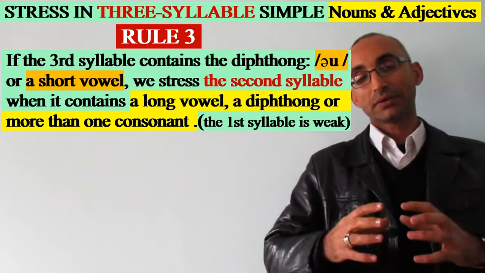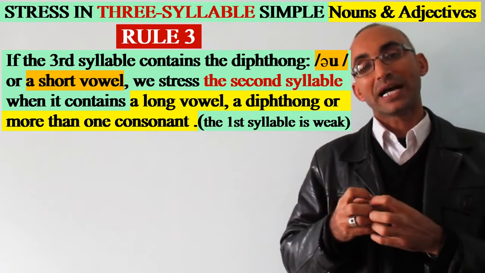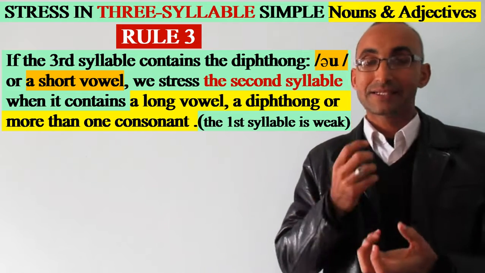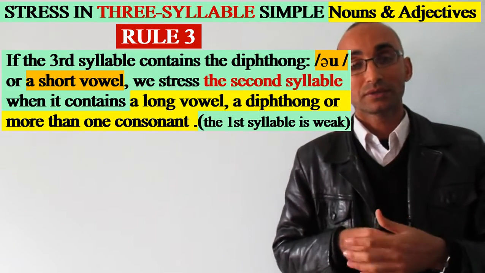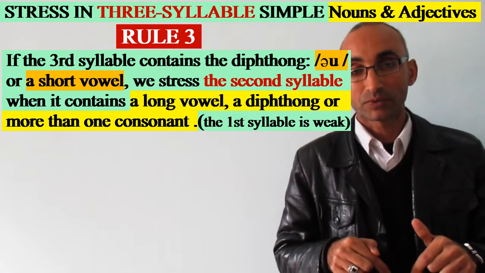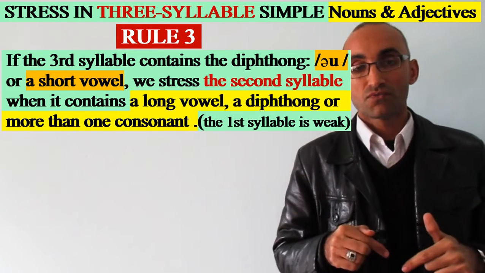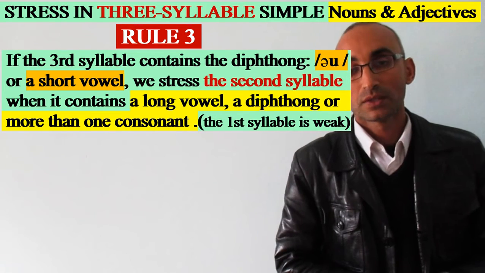So in case I have a three-syllable simple noun or adjective which ends with the diphthong ow at the end, or also a short vowel, here we stress also the second syllable. For example, I can mention here two examples.